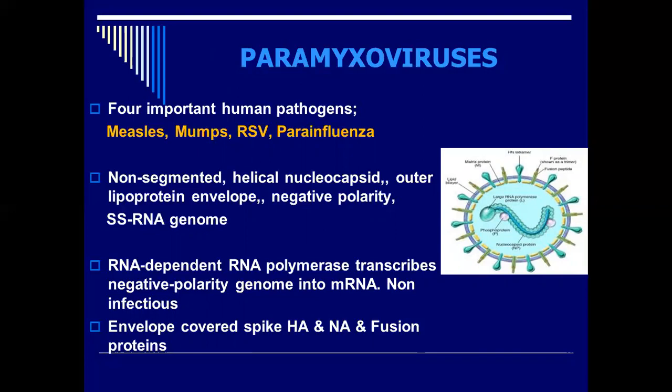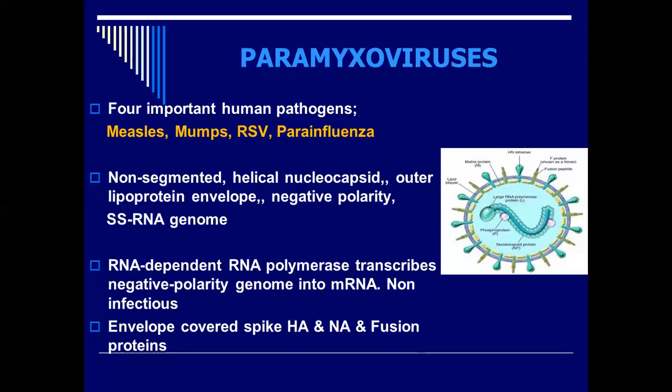And sometimes these fusion proteins are also hemolytic in nature. So all the 4 viruses of the paramyxovirus group, the measles, the mumps, the RSV, and parainfluenza, make fusion proteins. The measles and mumps fusion proteins are also hemolytic in nature.